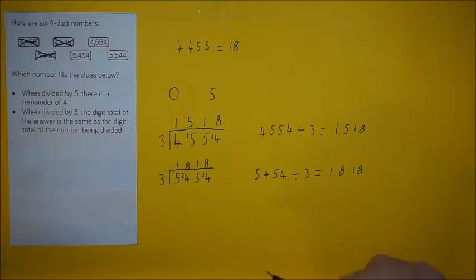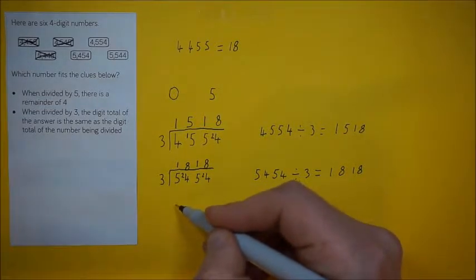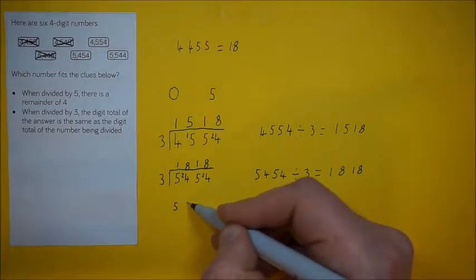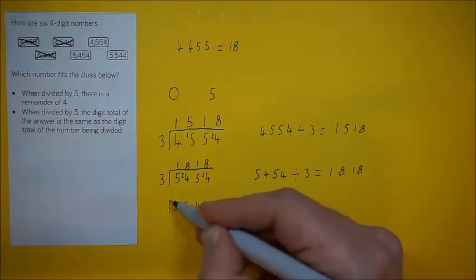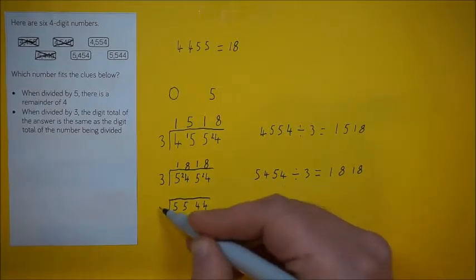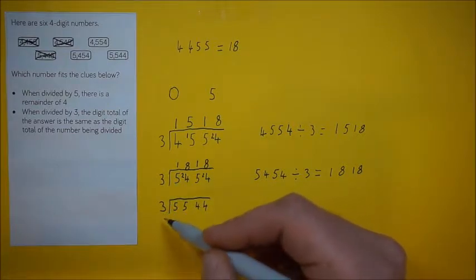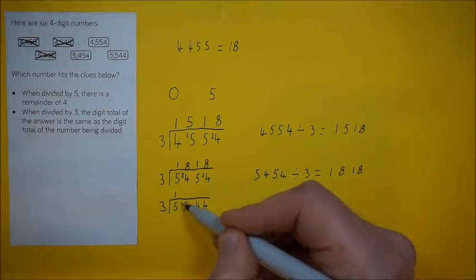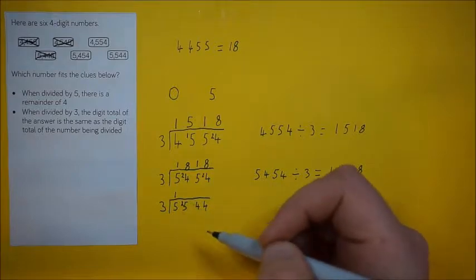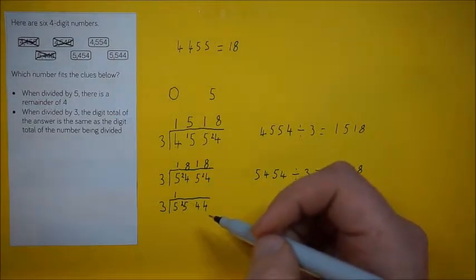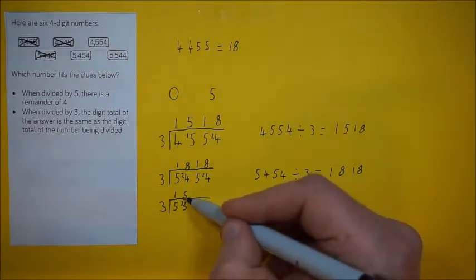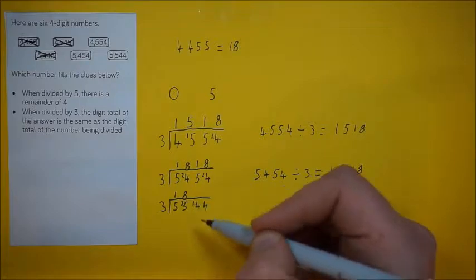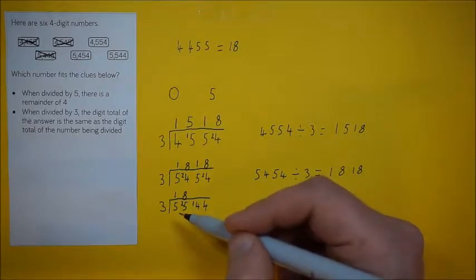So on to our last one, which must be 5,544. Again we're dividing by 3. So how many 3's go into 5? Well, 1 will go in with a remainder 2. How many 3's will go into 25? For that we are going to get 8, but with a remainder 1. So that becomes 14. How many 3's go into 14?